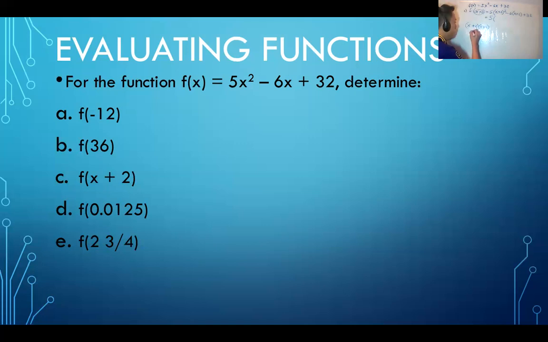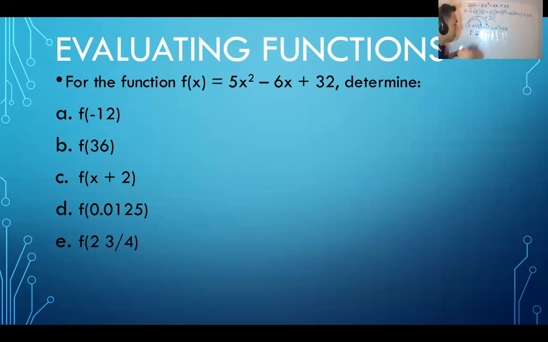F, front to front. That means x times x. X times x is x squared. And then, outside. Outside, we have x and 2. X times positive 2 is positive 2x.